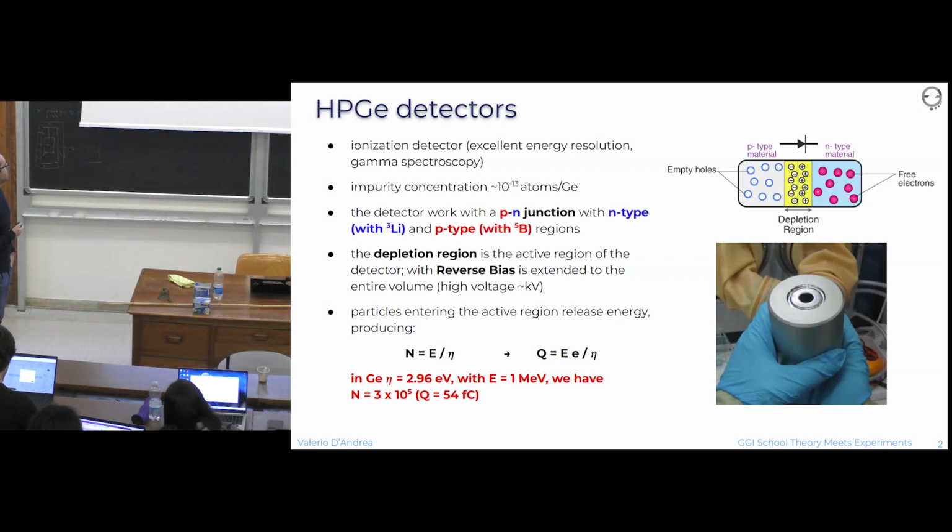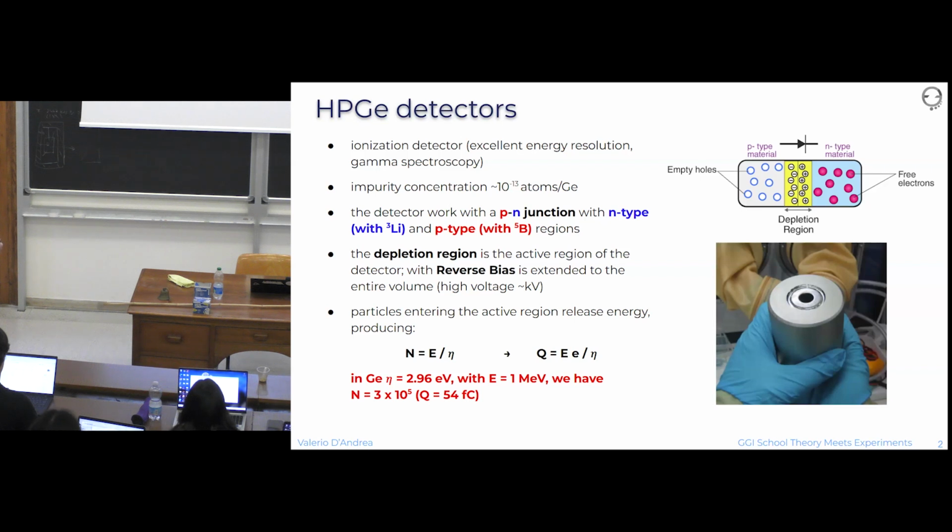If you have one event inside the germanium of 1 MeV of energy, and you do the calculation with this simple formula, you get 3 times 10 to the 5 pairs in your germanium.